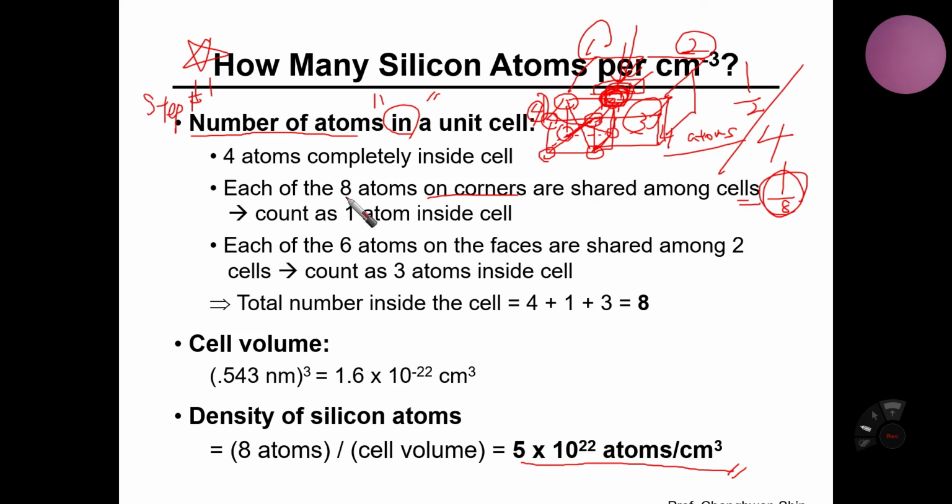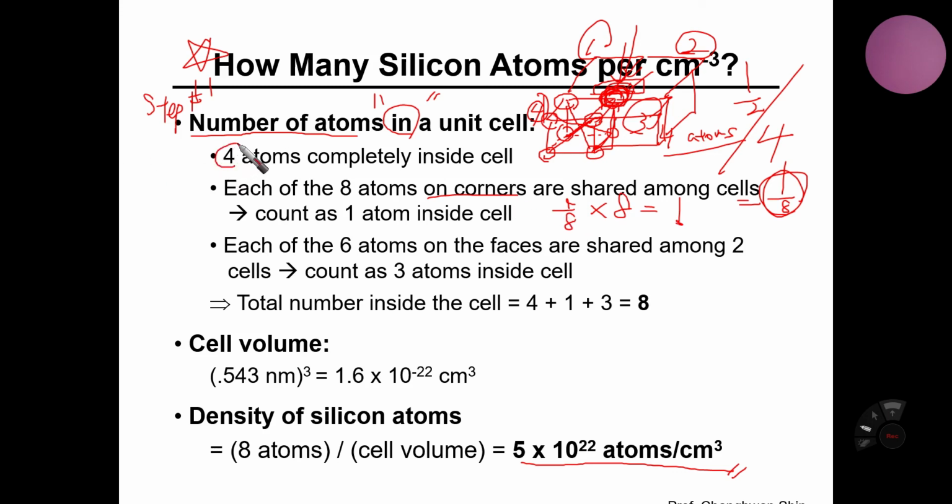Okay. So 1/8 of a silicon atom is included in a unit cell, but how many corners do we have for a given cube? 8 corners, right? So 1/8 times 8 corners. Therefore, effectively, a single silicon atom is included in a unit cell. All right.